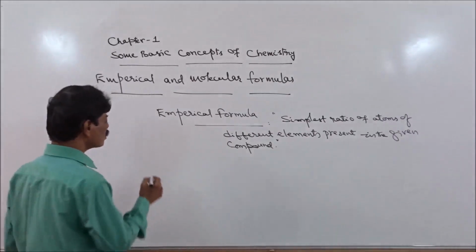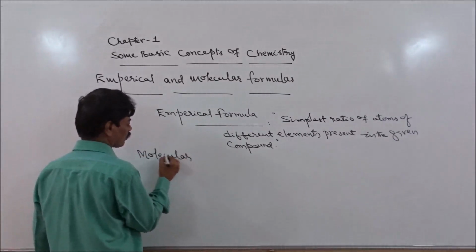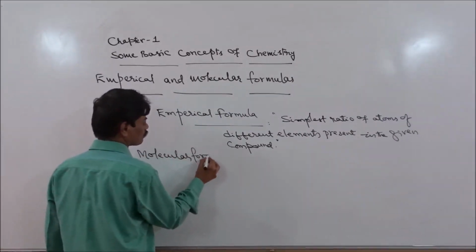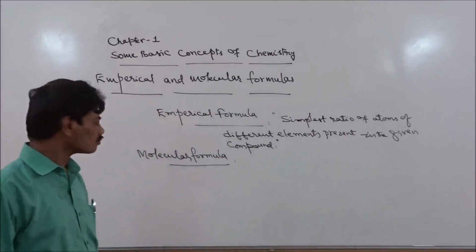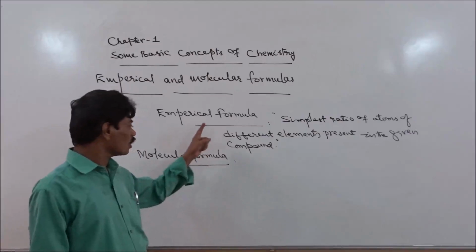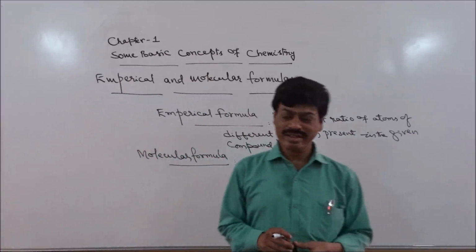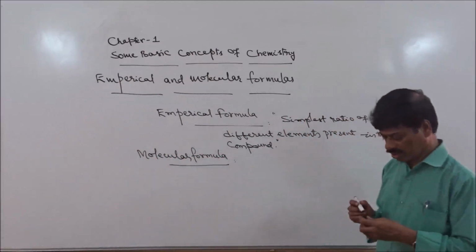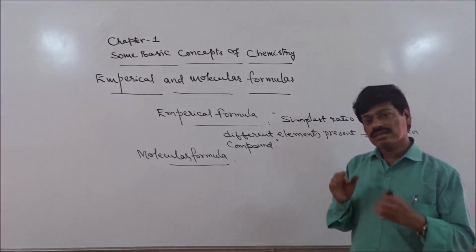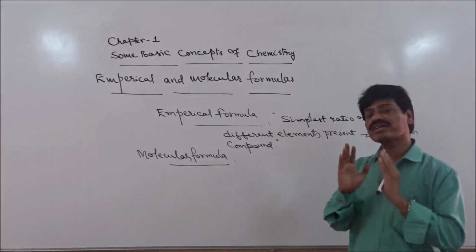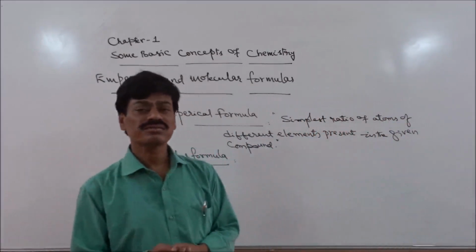Now, if we move towards molecular formula, let us see what this formula tells. This is quite opposite to empirical formula. In the molecular formula case, we are going to take the number of different atoms of different elements present in that compound.